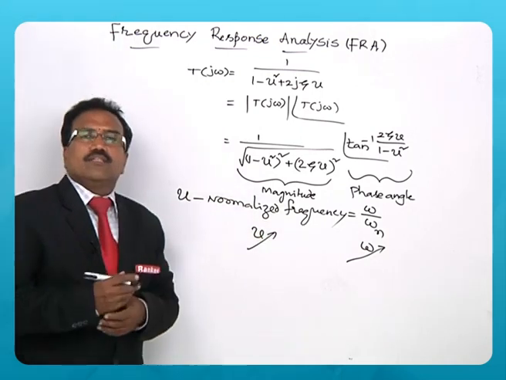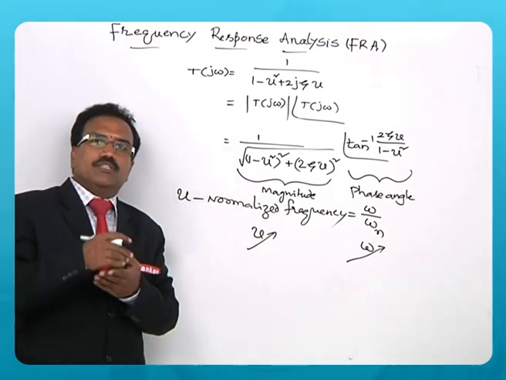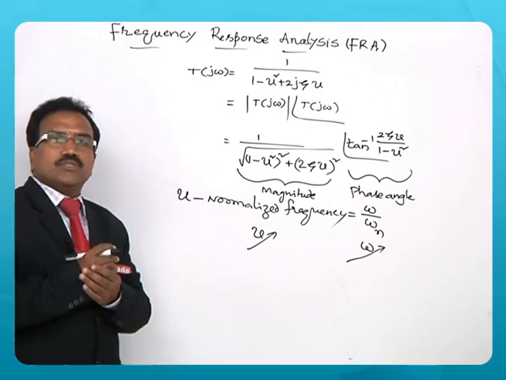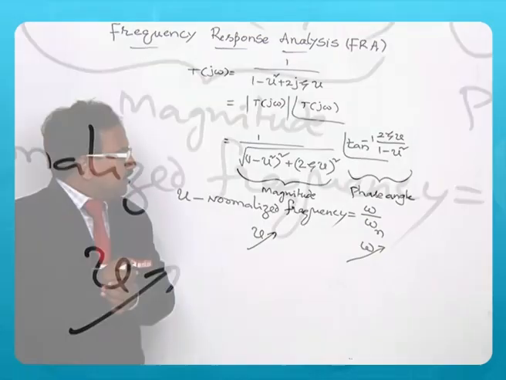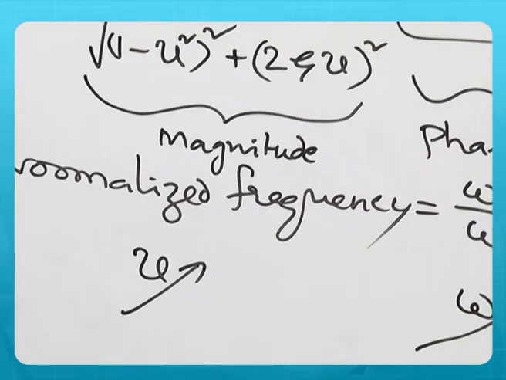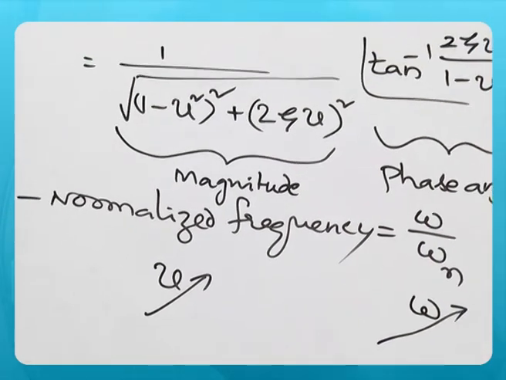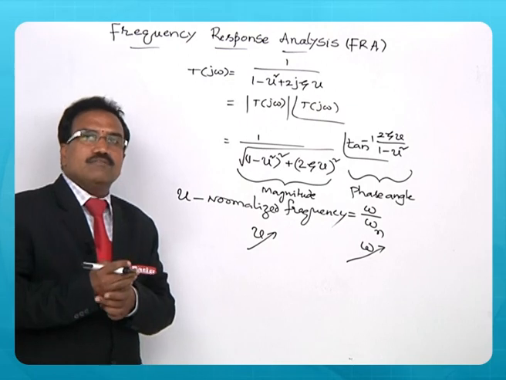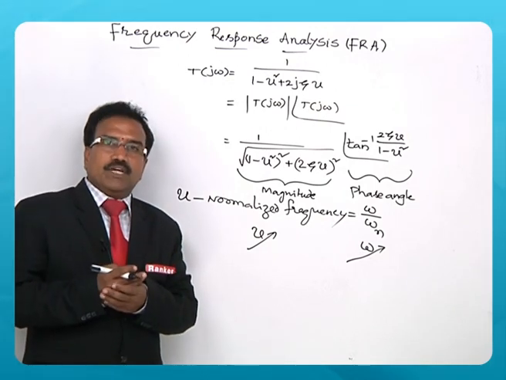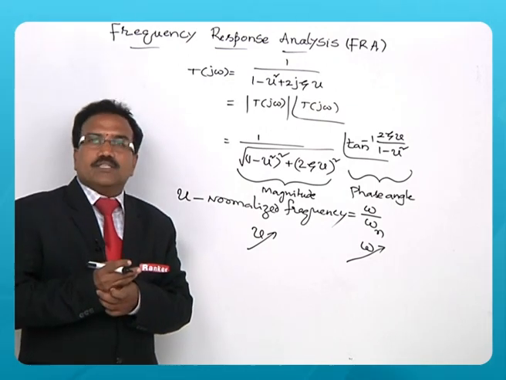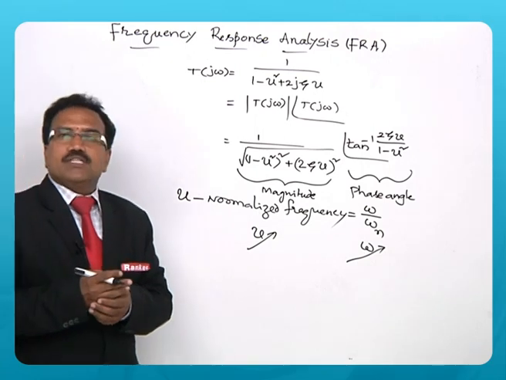That is why this is called normalized, because with respect to the undamped natural frequency omega n, we see how the variation in magnitude and phase angle takes place, and with the help of those curves, after plotting, we can find out the stability parameters such as gain margin, phase margin, etc.